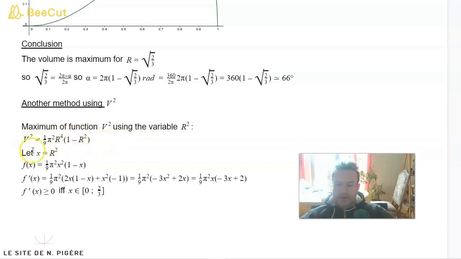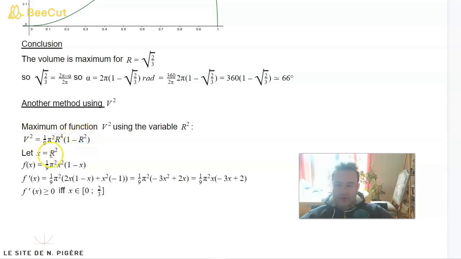But we can simplify this once again further, just by noticing that we don't have any r variable in this function v squared. We only have r to the 4th and r squared.